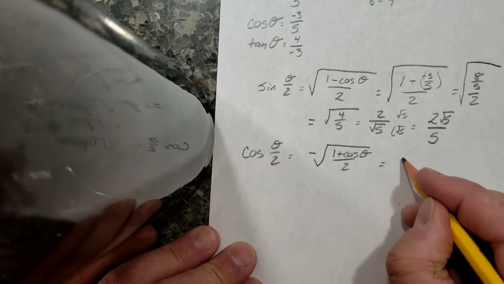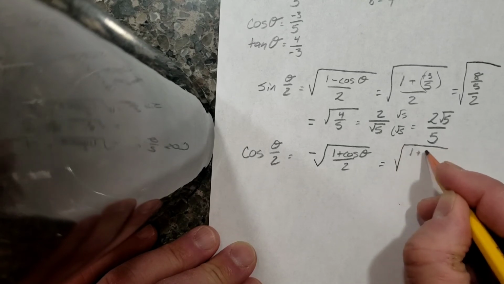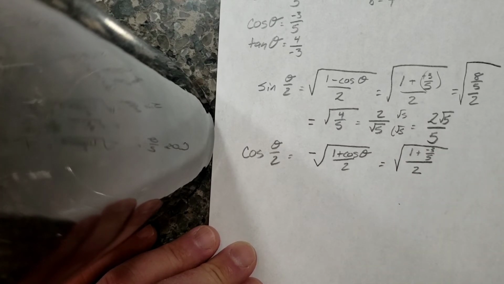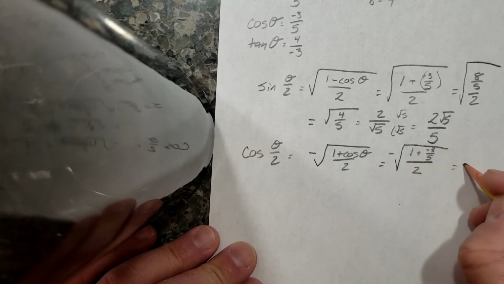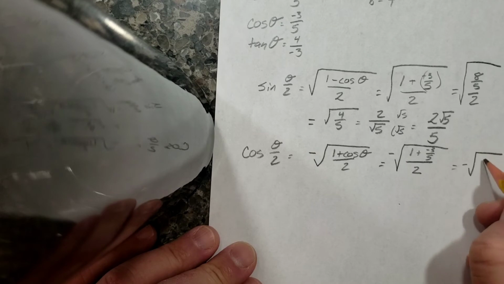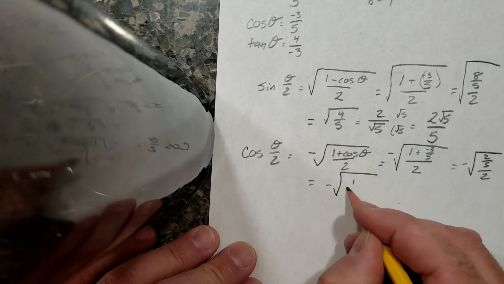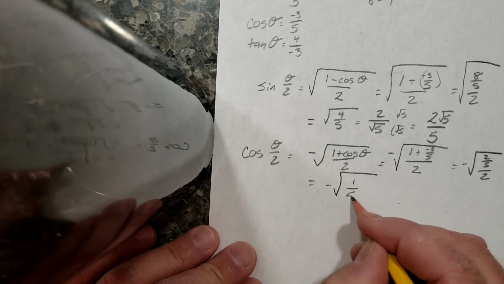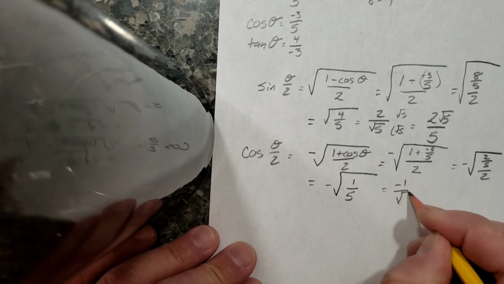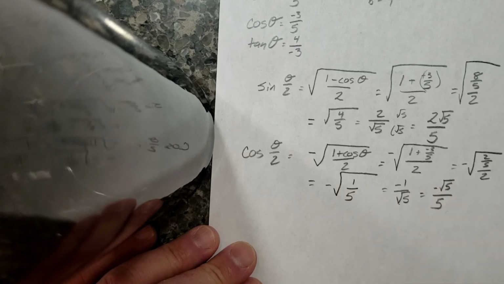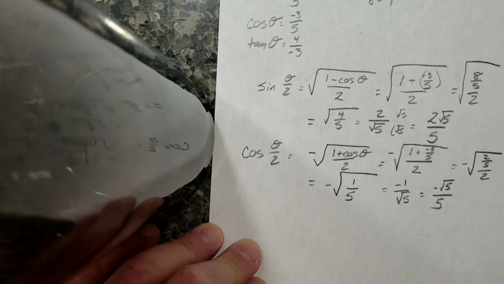So we get, under the radical, 1 plus a -3/5 over 2, which is 2/5 divided by 2. If I come down here, it ends up being the negative square root of 1/5, negative 1 over radical 5. Rationalize the denominator, negative radical 5 over 5. You're just simplifying denominators at that point. Very easy, you're just plugging numbers in.